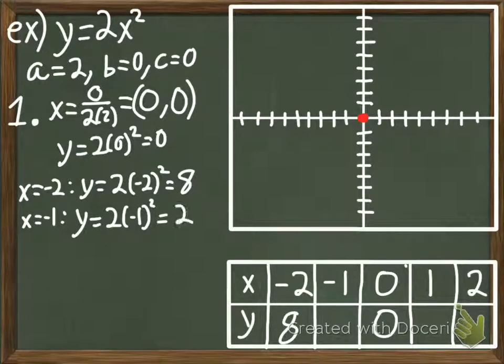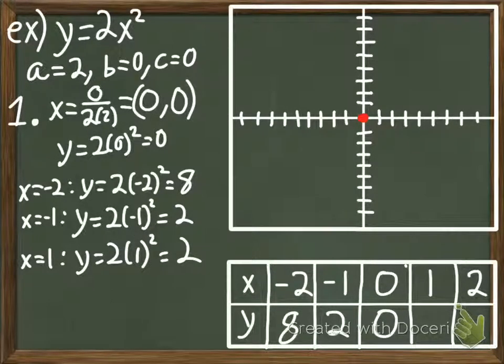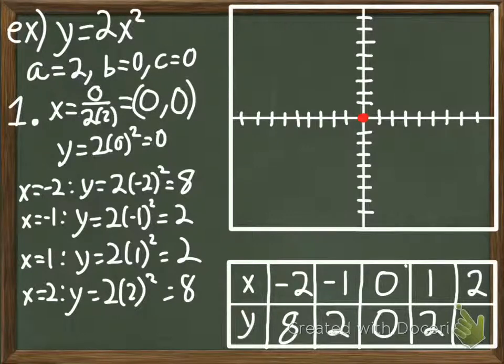That's going to be positive 2. X equals 1. That's also going to be 2. And then x equals 2 gives us 8.